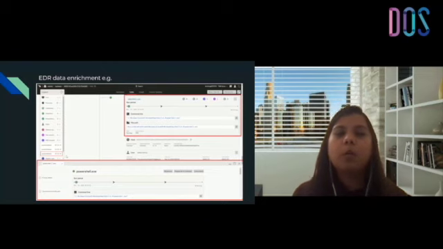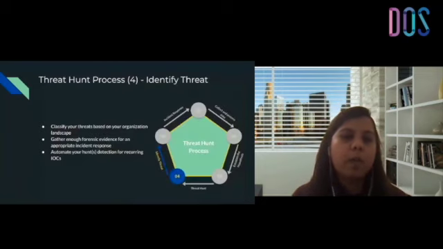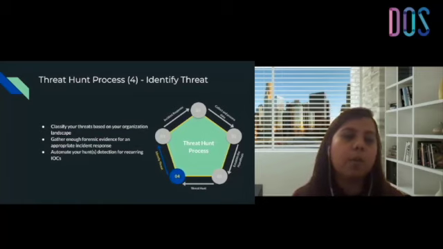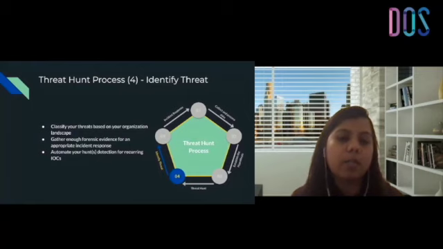So you've done your threat hunt. Now you have a list of potential threats you've identified. The part where you identify threats is based on your organization's policies.